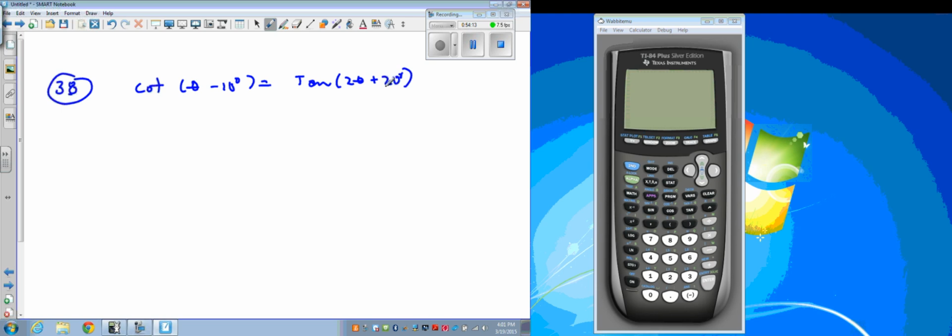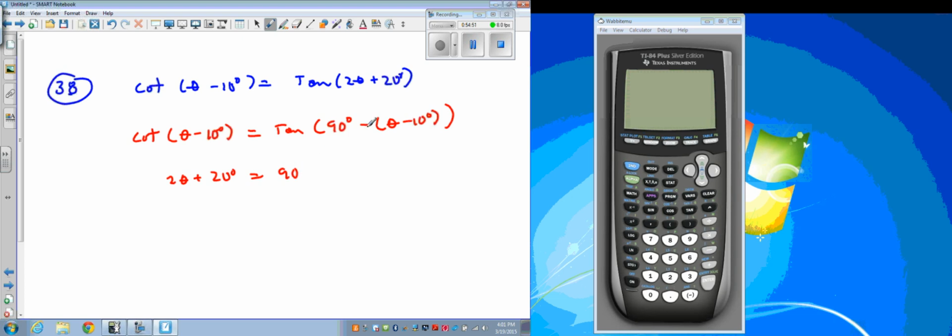But if you use your identity, you could say cotangent of theta minus 10 degrees equals tangent of 90 degrees minus the quantity theta minus 10, right? So those two have to equal. So then 2 theta plus 20 degrees has to equal 90 minus theta plus 10 degrees.